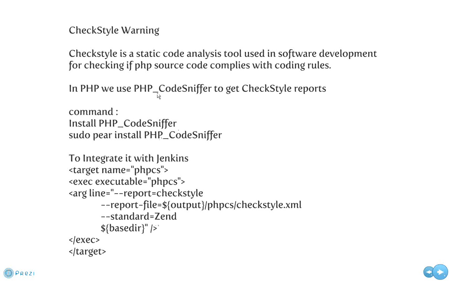In PHP, what we use is PHP Code Sniffer, which gets you the Checkstyle report. Code Sniffer is a tool which is part of PEAR. When you install PEAR, you can install the Code Sniffer, and it gets you a Checkstyle report showing what mistakes you have made in the code, whether you have not followed the Checkstyle rules.